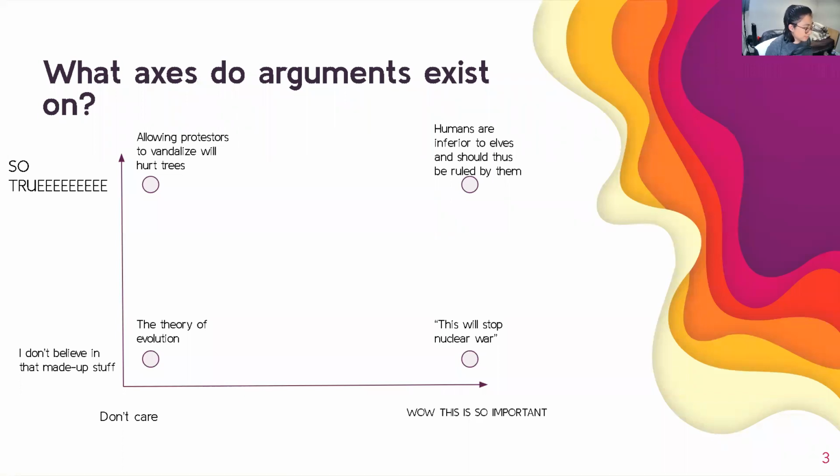So this is an example of an argument that is probably true, right? It's probably true that when you have large scale protests, I wanted to save Ethan some face, but this is an argument that is probably true. Because feasibly, if you have large scale protests, you're probably going to get some property damage of trees and stuff like that.